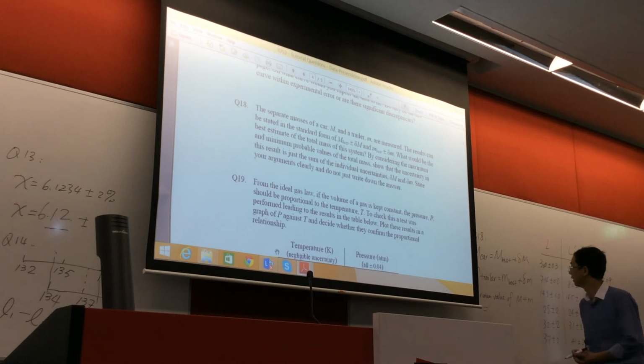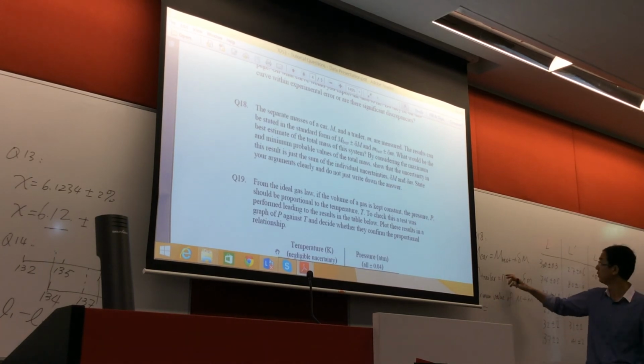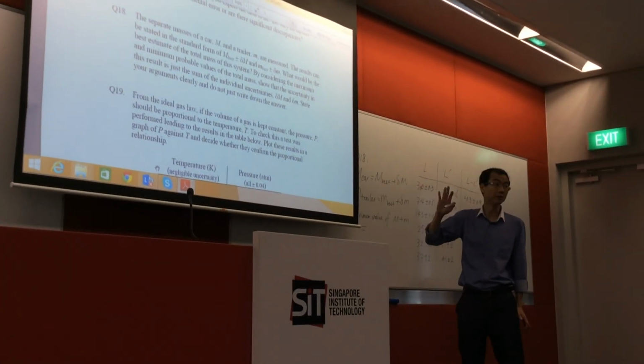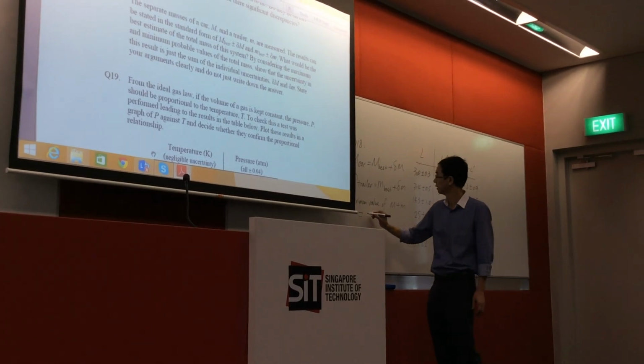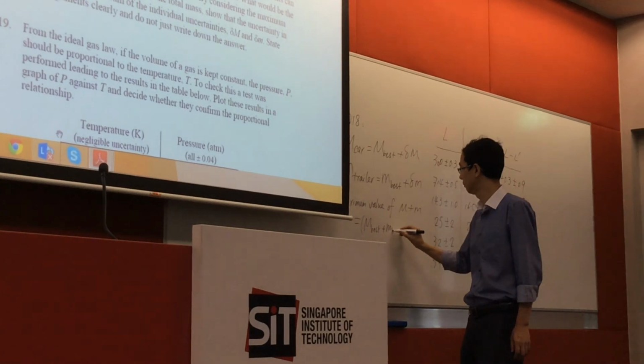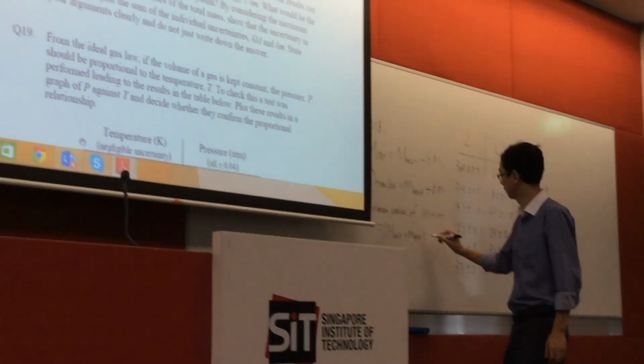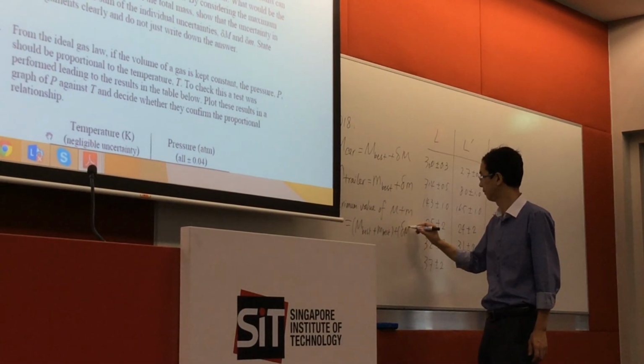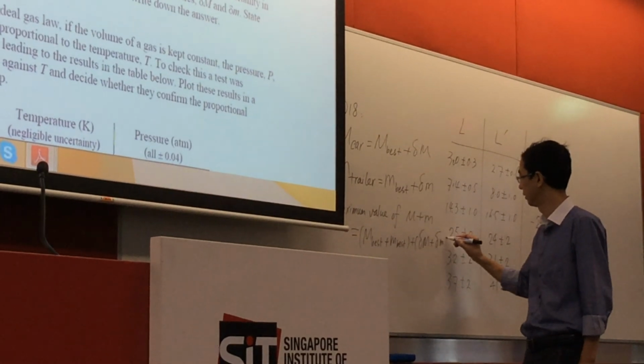So what is the maximum value? It will be when both values are maximum, right? So it will be n dash plus small n dash, and plus delta n plus delta small n.